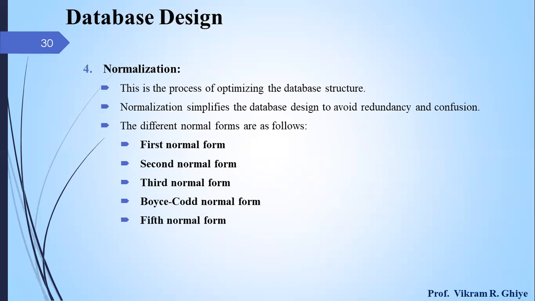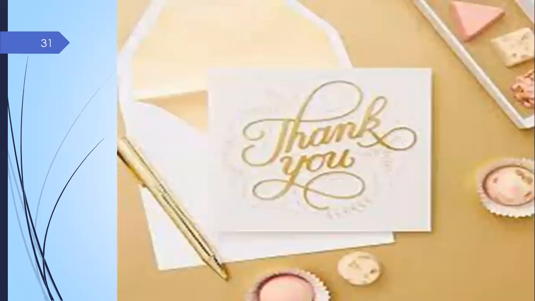There are various types of normalization: first normal form, 1NF; second normal form, 2NF; third normal form; Boyce-Codd normal form; fifth normal form; and so on. These are the various normalizations. In detail, these different normal forms can be seen in the next session. So this is what a good relational database design is and what the various steps are.